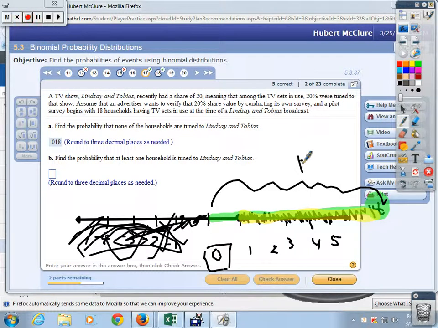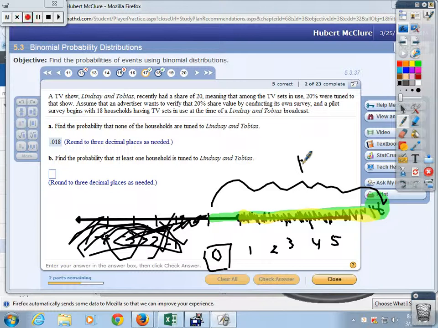Can you have 1.5 households? No. These are all whole numbers. There is no probability in here, okay? Because you can't have 0.5 households. 0 households, 1 household, 2 households, and so on.